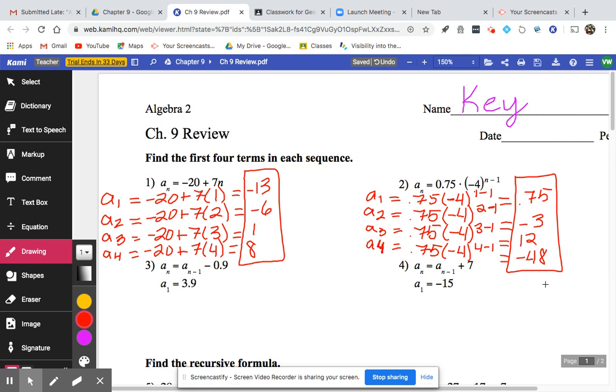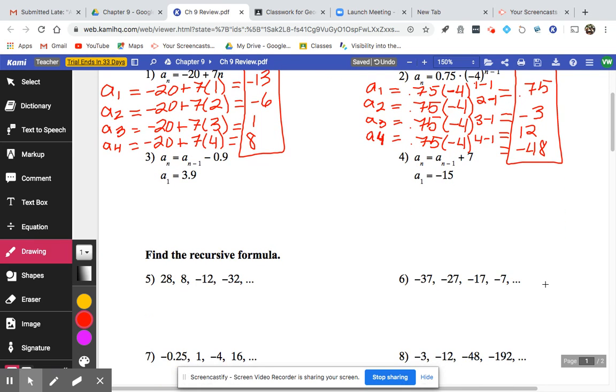All right, number 3 and number 4, here we go. Once again, finding the first four terms, they already give us A1 for each of them, 3.9. So that leaves us with only 3 other things to find, A2, A3, and A4. How we find them is a little bit different than what we did up above.